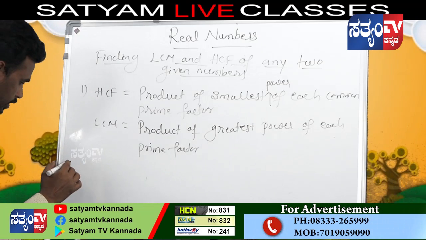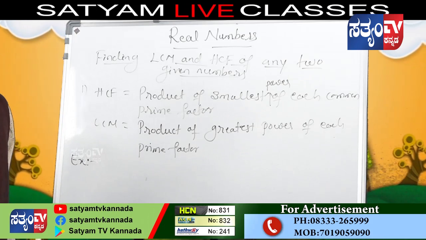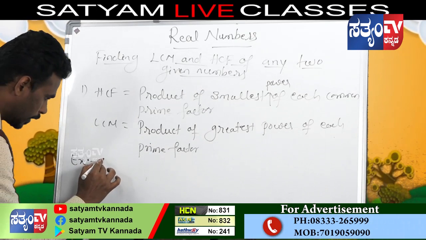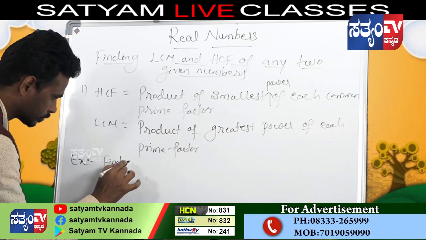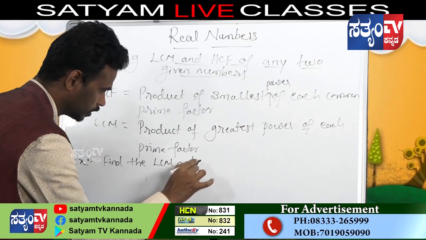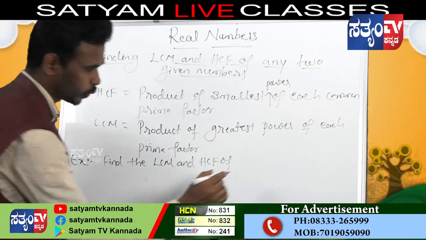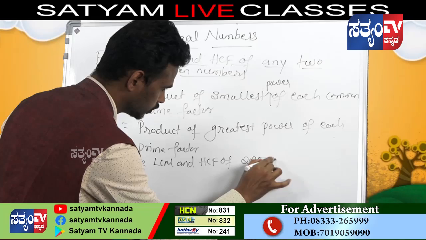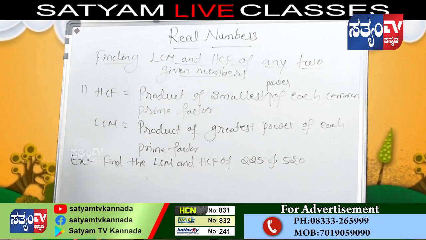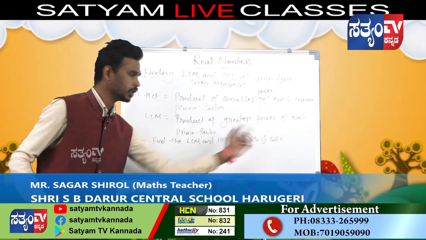So let us take an example. Find the LCM and HCF of 225 and 520. For this, we need to factorize these two numbers first.